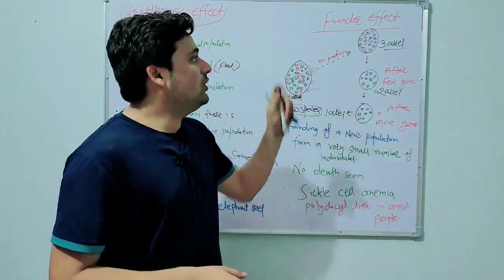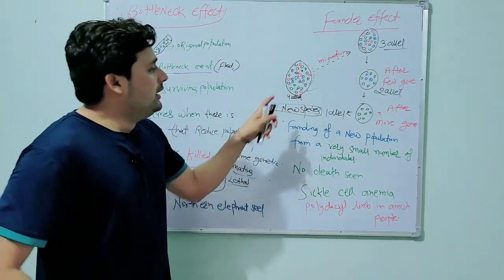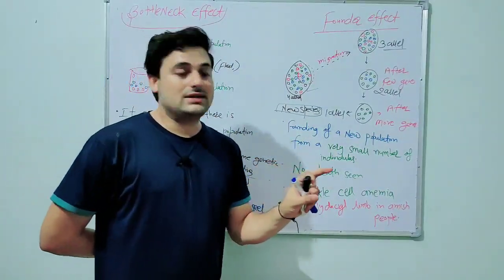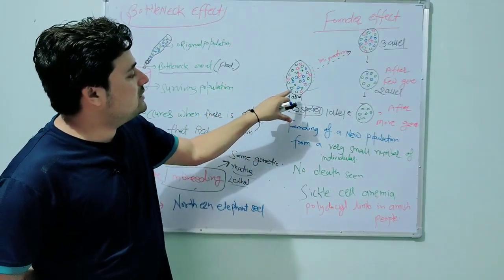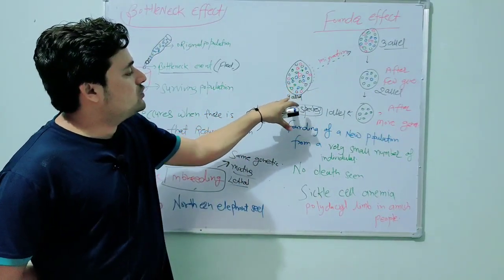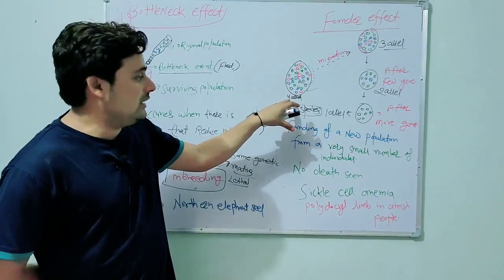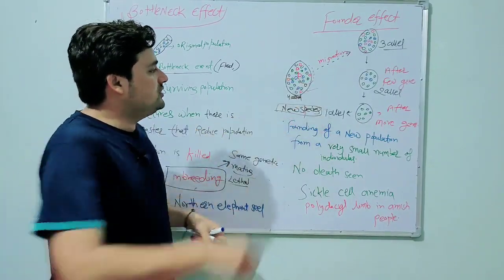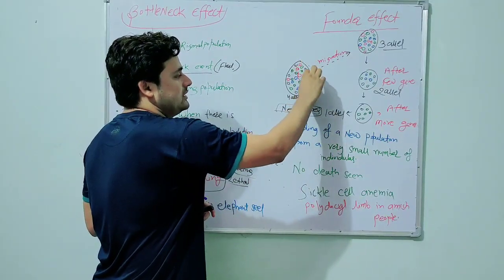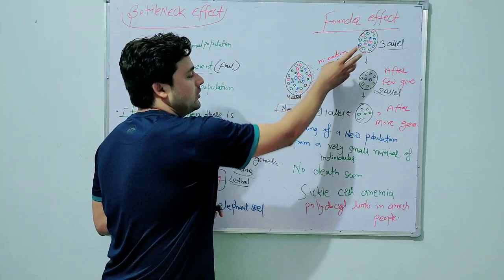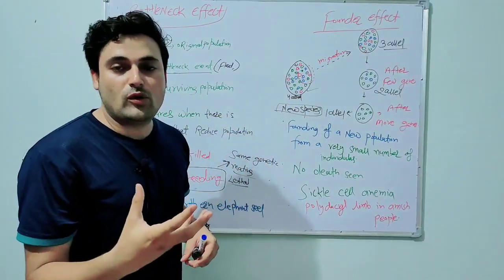Now come to the founder effect. It doesn't have any death process in it. Let's see, this is the original population, and here you can see four types of colors, showing four alleles. Now you can see this portion is migrating. These individuals are migrating or isolating from their original population.